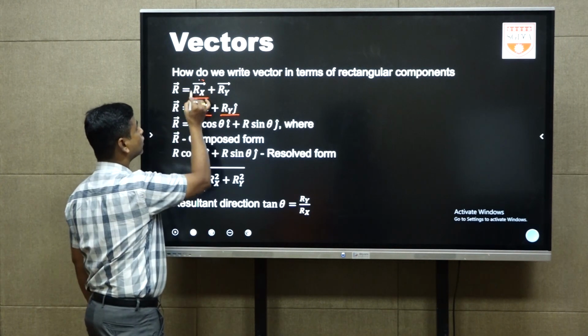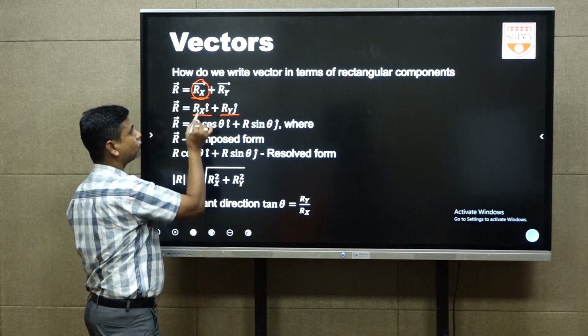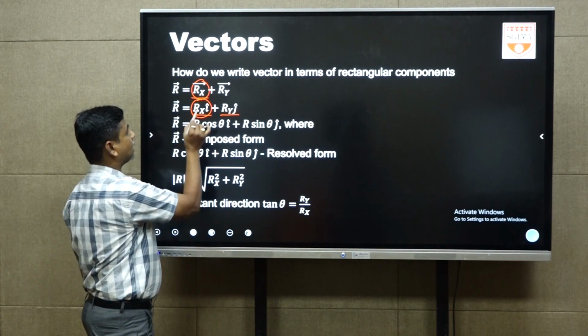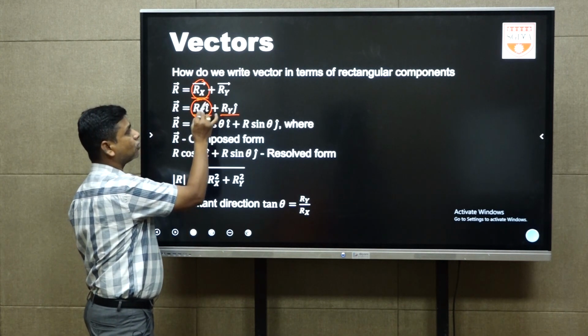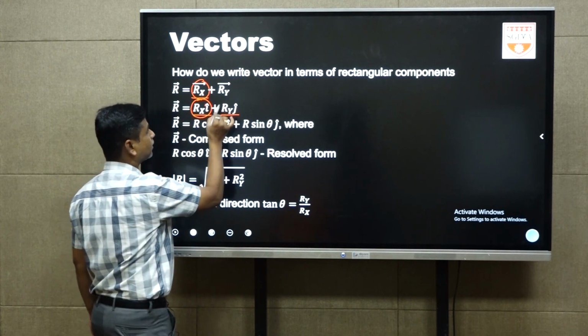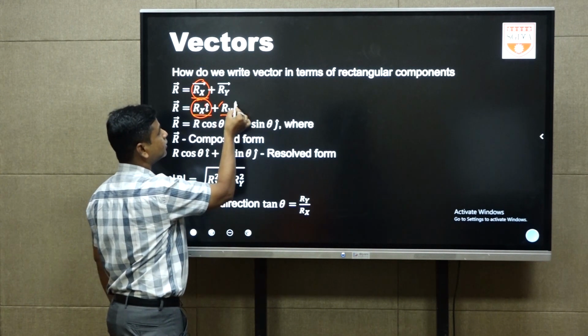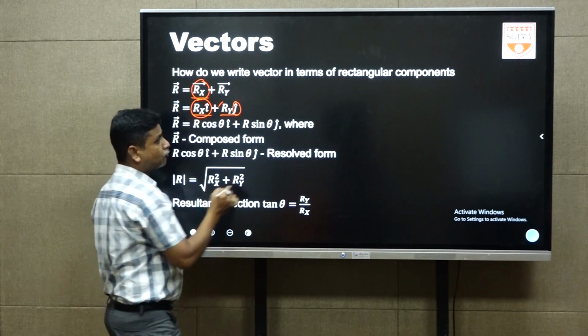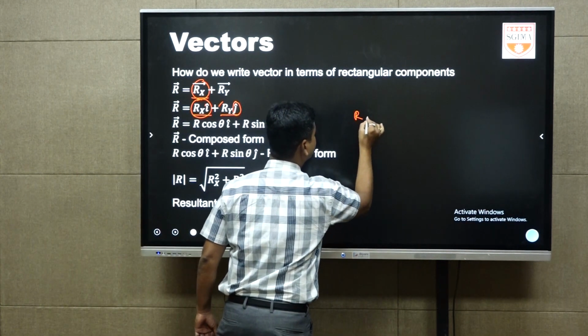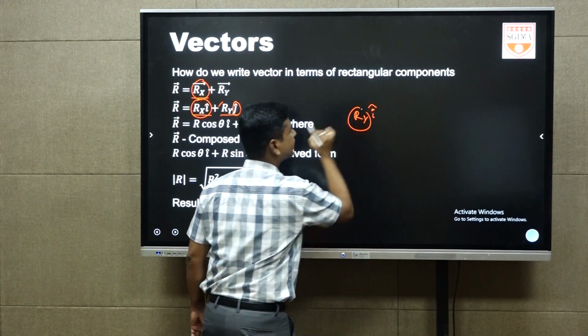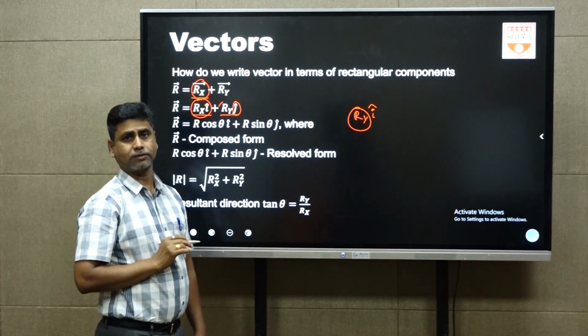Now in this form also you can express the component of a vector. Here Rx is the magnitude, and i cap will give the direction. Ry is the magnitude along the y direction. J cap represents the y direction. For example, Rx i cap has this magnitude acting along the x-axis only.